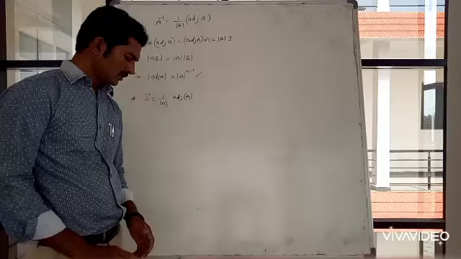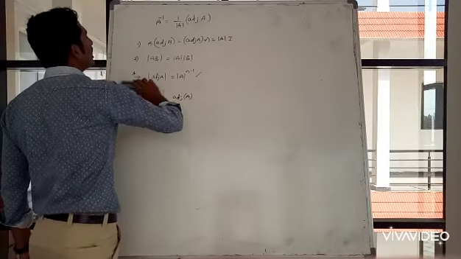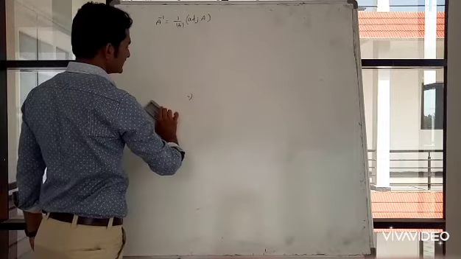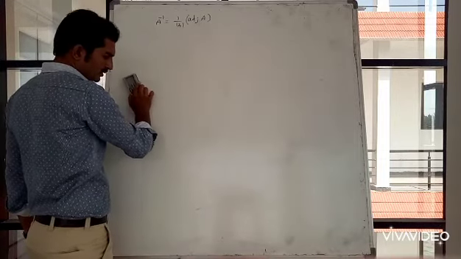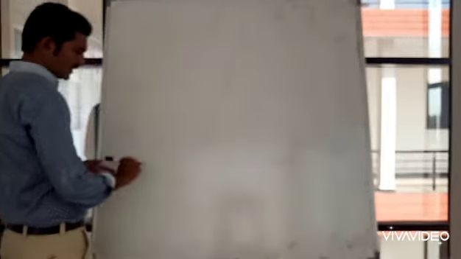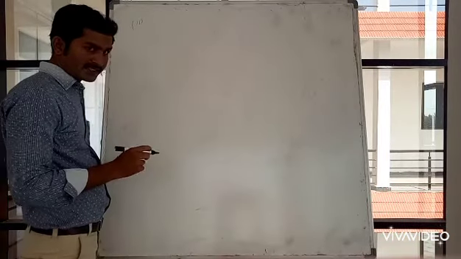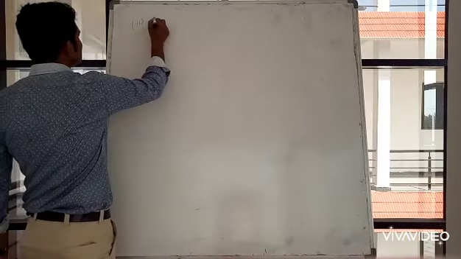In the previous class, up to example number 10 we studied. So today we take the 11th example. Find the inverse if it exists for the given matrix.